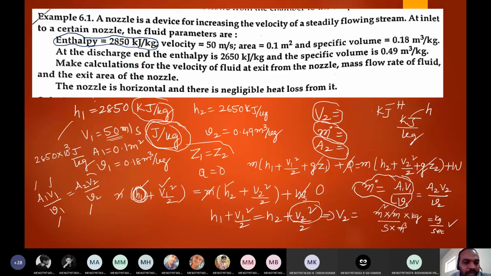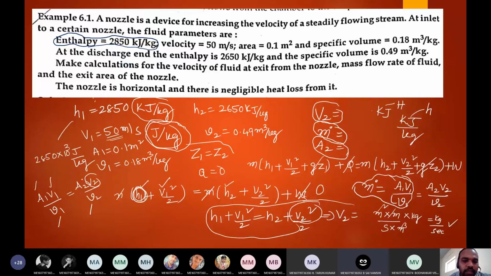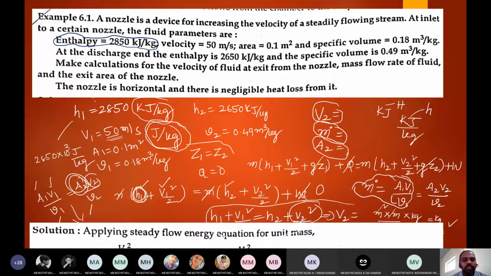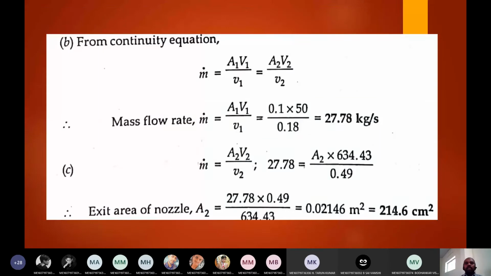And just now we calculated exit velocity by using this formula. The unknown is A2. You can calculate it from this equation. Just go through this. First, he calculated velocity. Then, by using the continuity equation, mass flow rate is calculated. Then, by using the same mass flow rate, exit area is calculated.